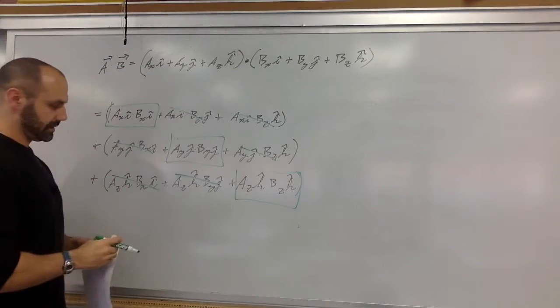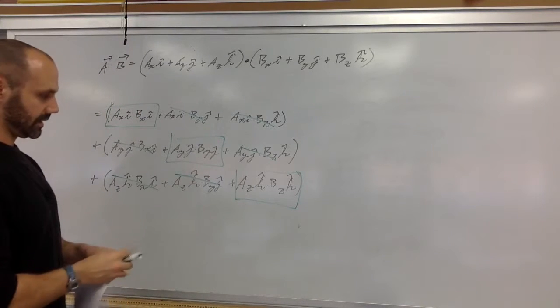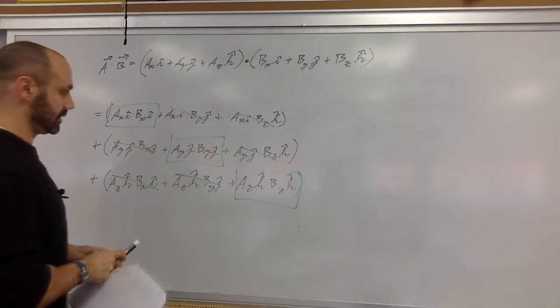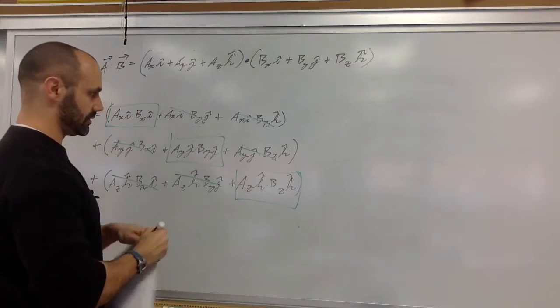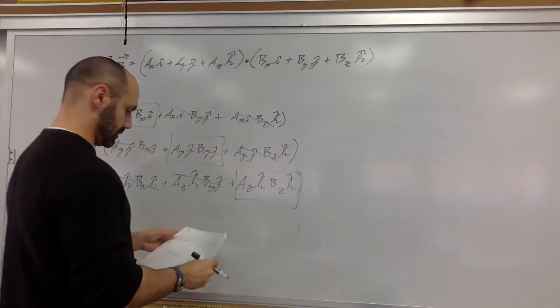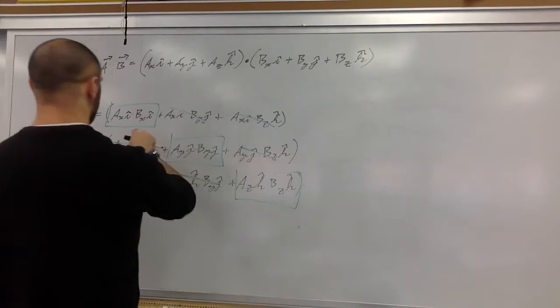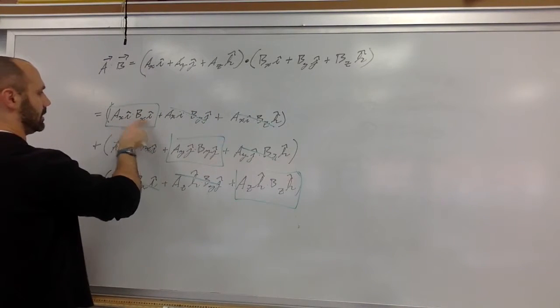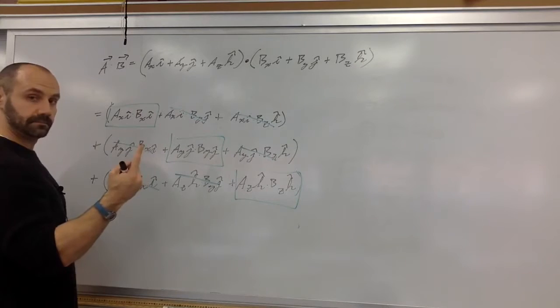All right. What does this mean then? This means that the dot product, when I'm using unit vector notation, is simply equal to... and by the way, what is i dot i? It's just 1.